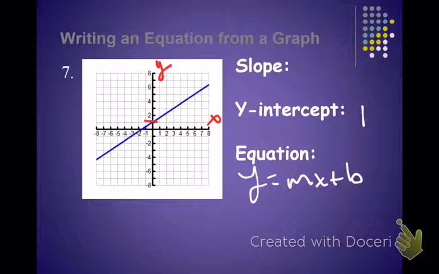Now, your slope you have to get from walking from one street corner to the next. So here's the street corner, and right here is a street corner, and right here is a street corner. So how far do you have to rise, and then how far do you have to run? Remember, slope is rise over run. Well, you have to rise 1, 2. So that's going to be up 2, so that's positive.